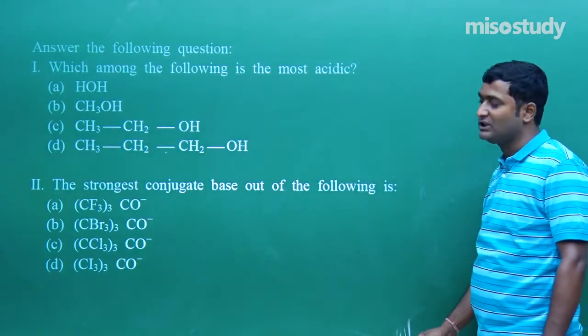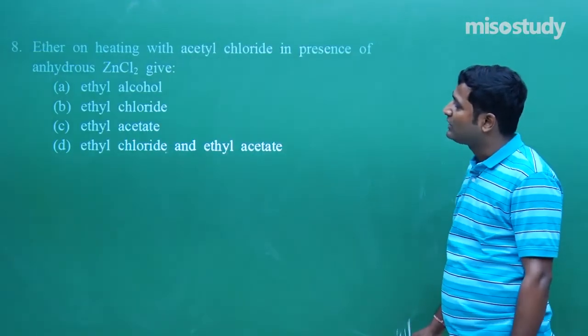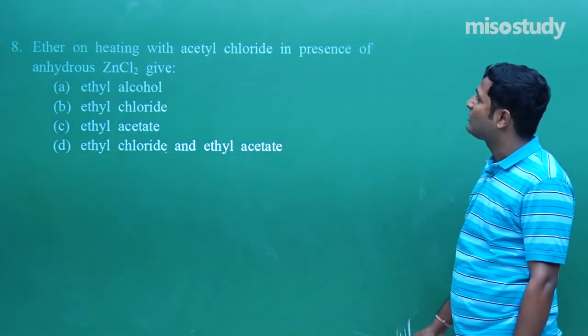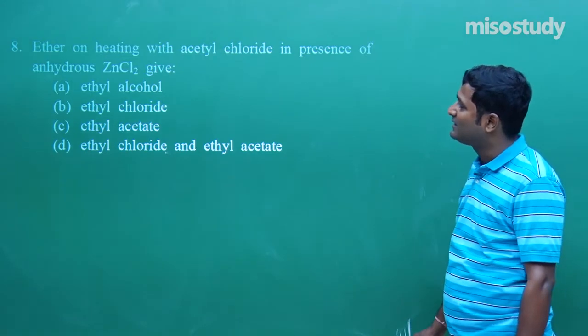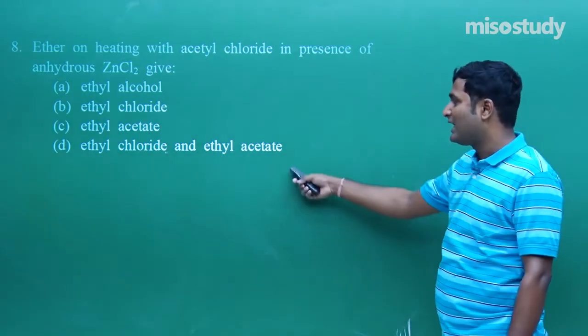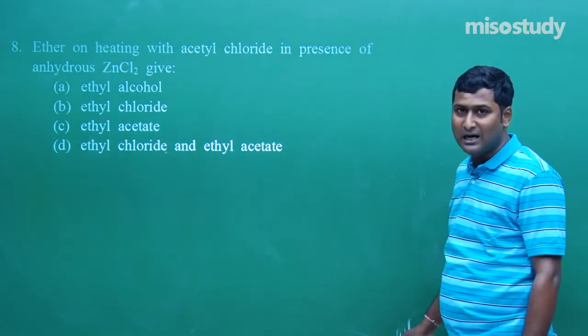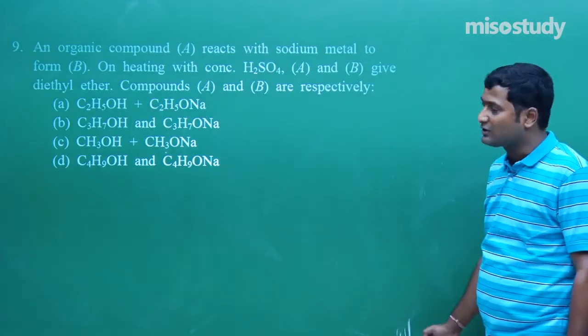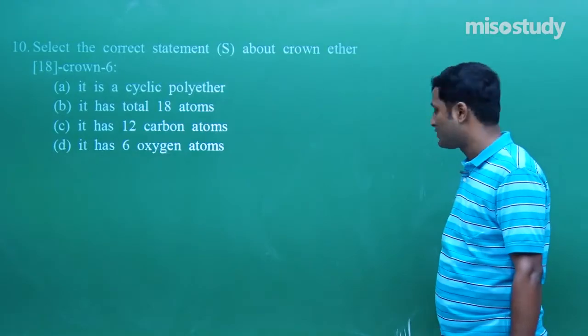For question number 2, D is the correct option. Now for question number 8, what is the correct option? Ether on heating with acetyl chloride in presence of anhydrous ZnCl2 gives you ethyl chloride and ethyl acetate. D is the correct option. For question number 9, A is the correct option. And for question number 10, all options are correct.